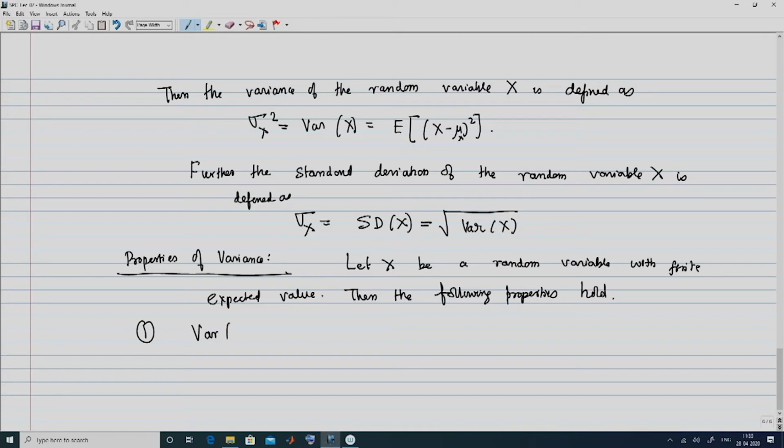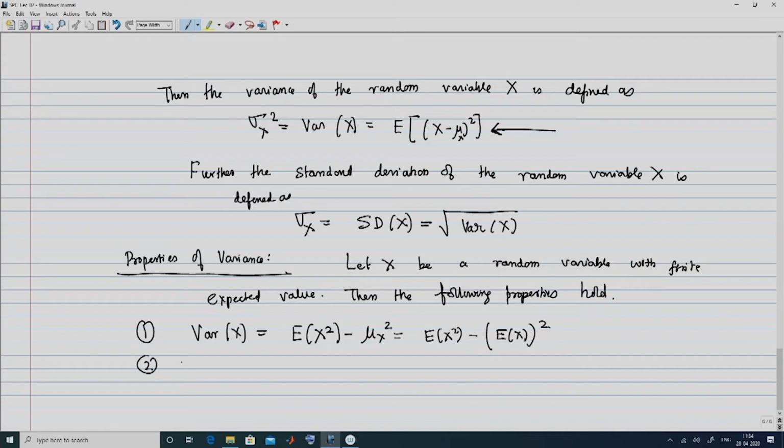The first property: variance of x, looking at the definition of variance of x, it can be shown that the expression on the right-hand side reduces to E of x square minus mu x square, which is E of x square minus E of x whole square.